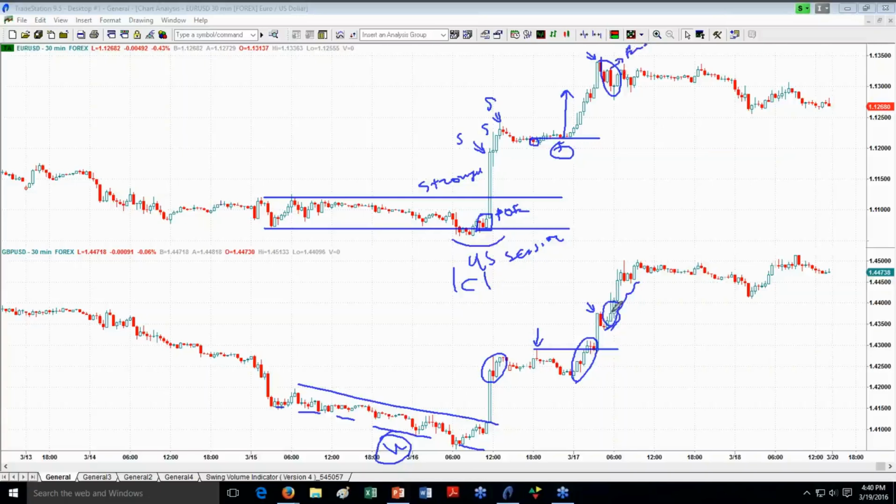Secondly, this is a continuation trade right here after the reaction, so we might establish a position right here. This is how we would be constantly looking at both of the currencies, comparing all of the swings to the upside and downside, and basing our selection on how this strength and weakness changes.